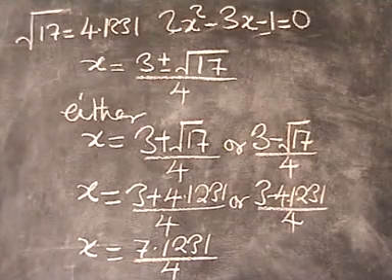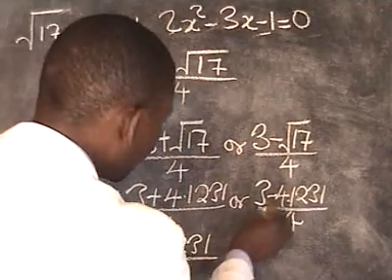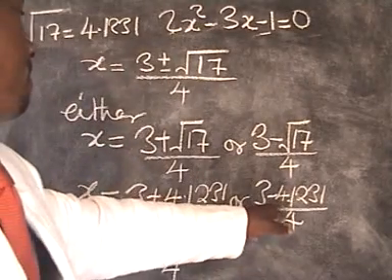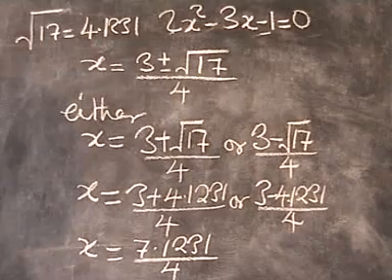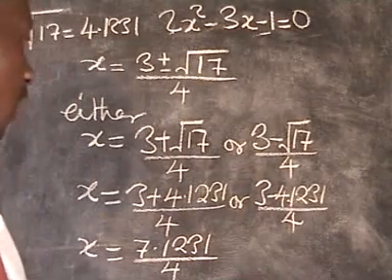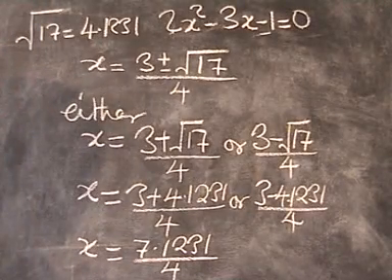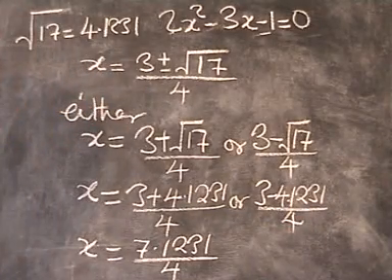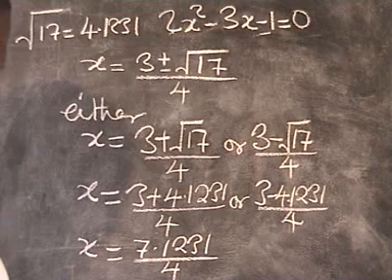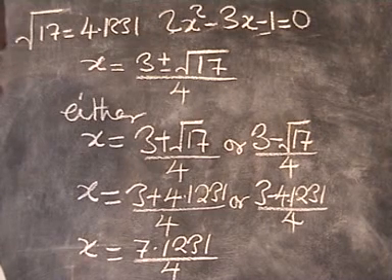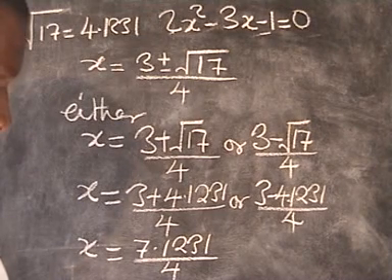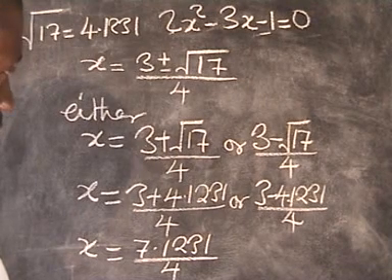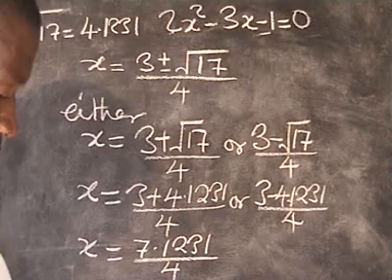I'm sure that is seen. Then from there you subtract: 3 minus 4.1231, the square root of 17. So using a calculator, this is 3 minus 4.1231.